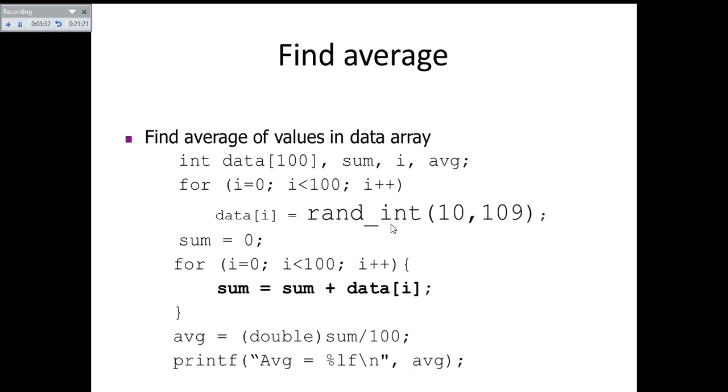Then you are going to do sum plus data of i. So sum was initially data of 0, then this will be added to data of 1. Then data of 0 plus data of 1, whatever you get, will be assigned back to sum.